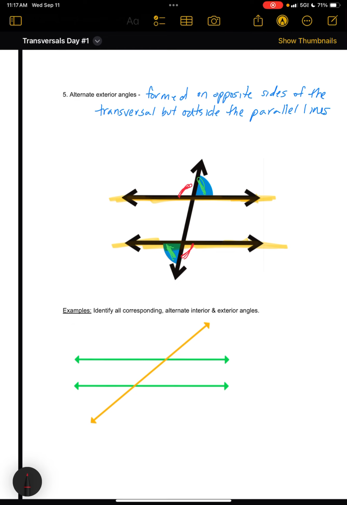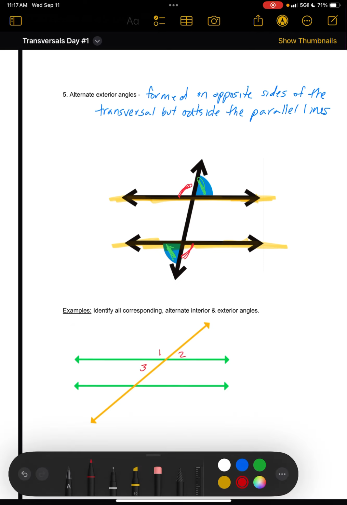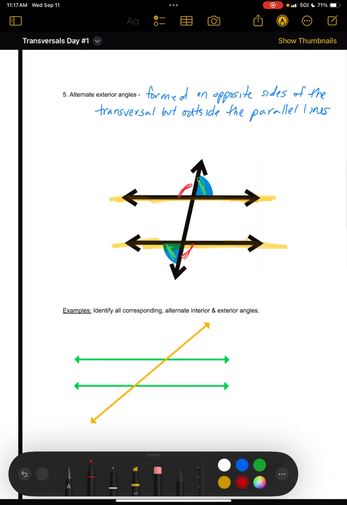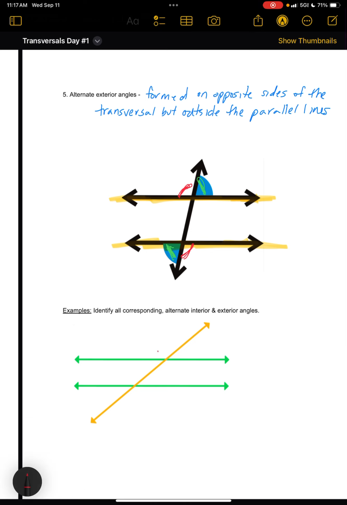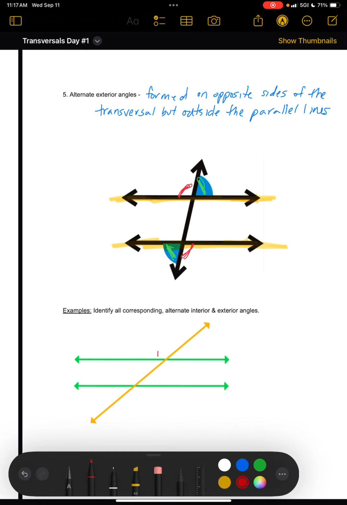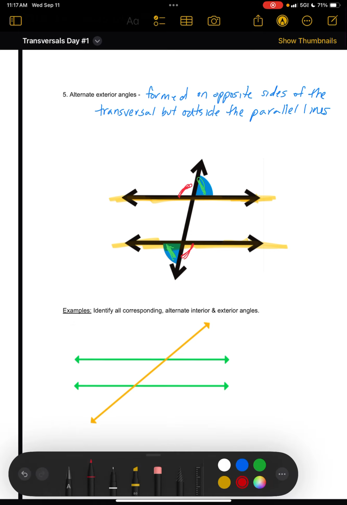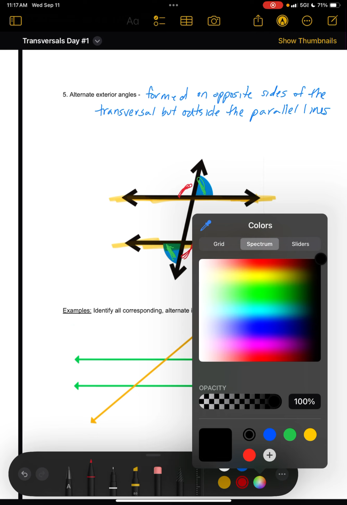We're going to fill this in. So I'm going to say this is angle 1, 2, 3. Actually, let me redo those. I want that to be different colors. I want black.